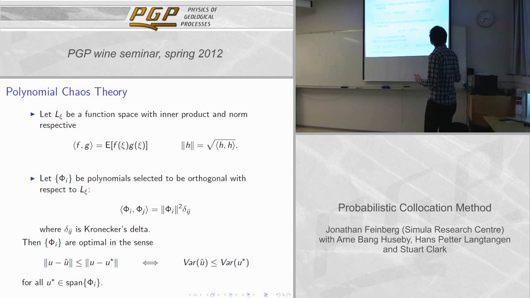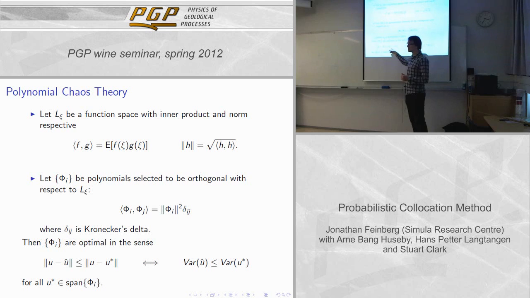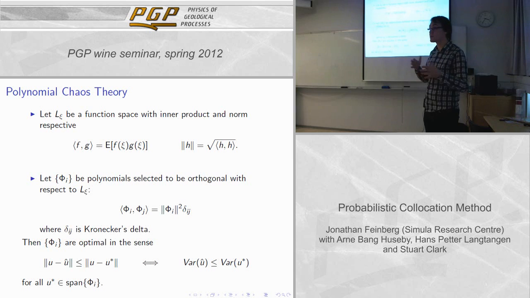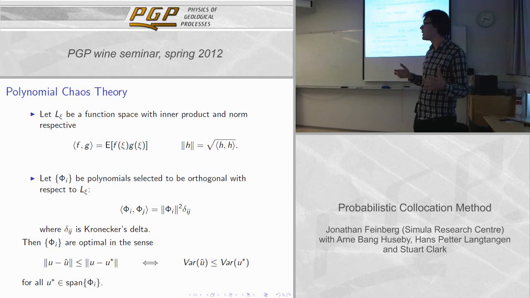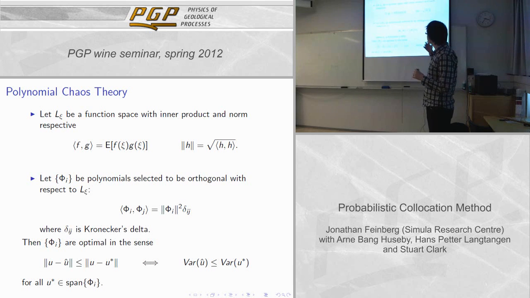But since we linked our expected value into this definition, with a little bit of mathematics we can show that the uncertainty, the variance, which is the probabilistic way of saying how uncertain things are, is minimized. So we get the best approximation we can by choosing our polynomials to be orthogonal on the functional space defined by that inner product and norm.